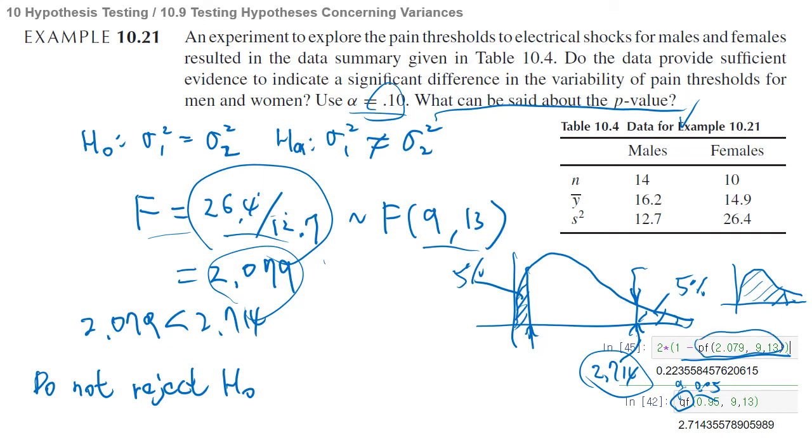And so the area of this side is 1 minus this one, and actually for the p-value for the two-sided test, we also need to consider the area of this side, which is this one times 2, and so that's 0.2235. So our p-value is this one.